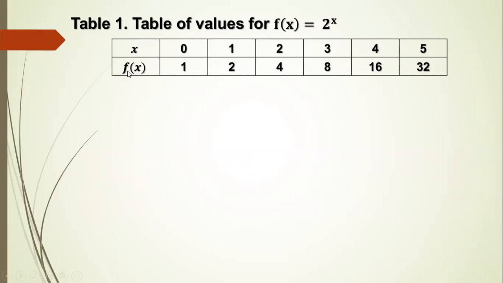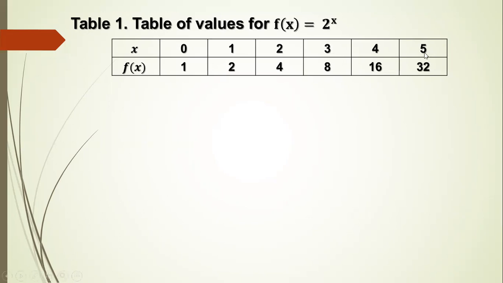And then f of x will be, for 0, 1, for 1, 2. So when our x value is 2, the output is 4. If our x value is 3, the output is 8. If the x value is 4, the answer is 16.